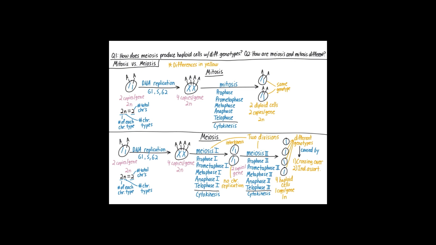Both of these processes occur during meiosis I. So, to summarize, mitosis produces 2 diploid cells with the same genotype, while meiosis produces 4 haploid cells with different genotypes. On the next page, we'll see exactly how this is accomplished.